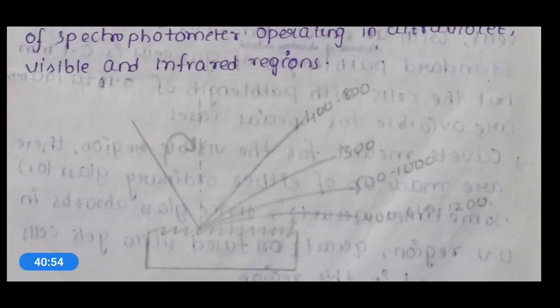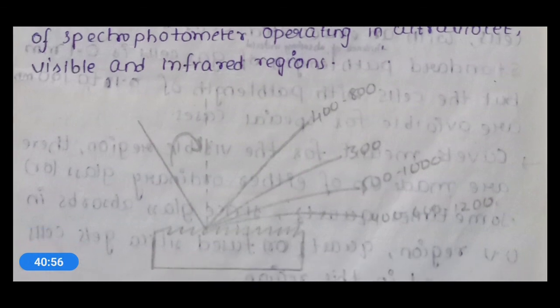If you see the diagram here, polychromatic light is passed onto this particular grating, and all the beams with different wavelengths get separated.